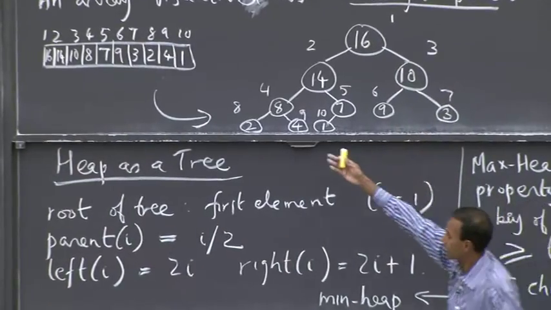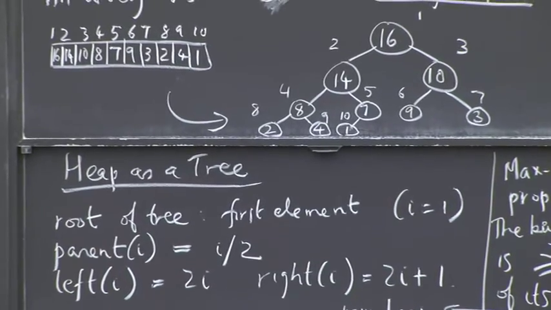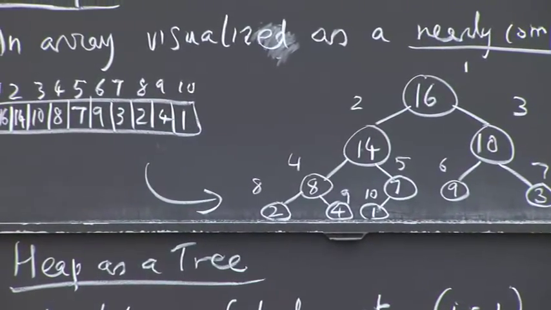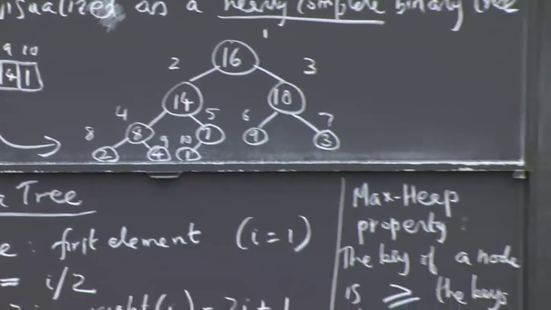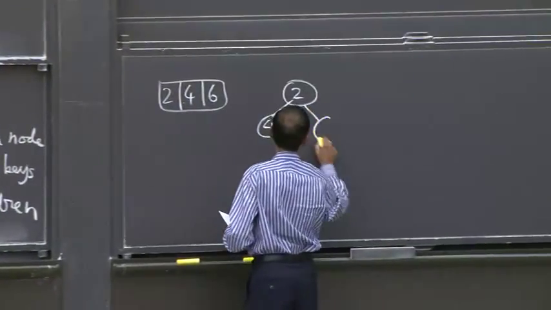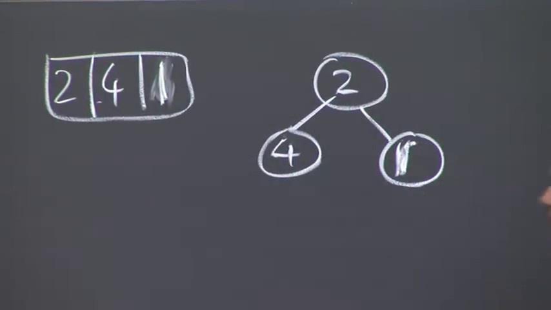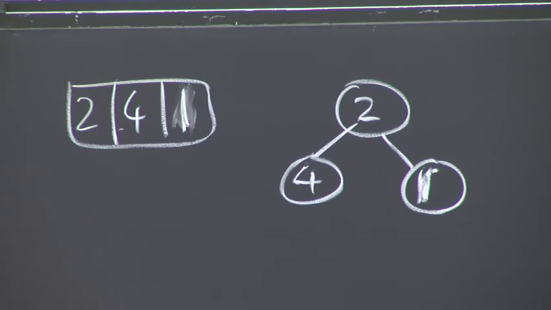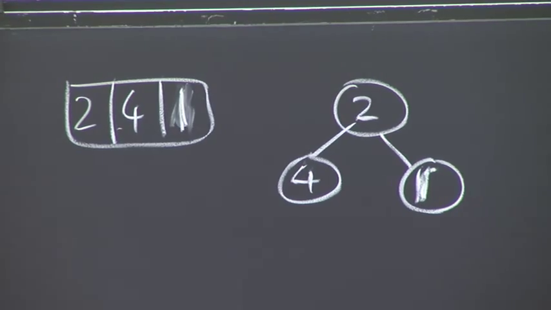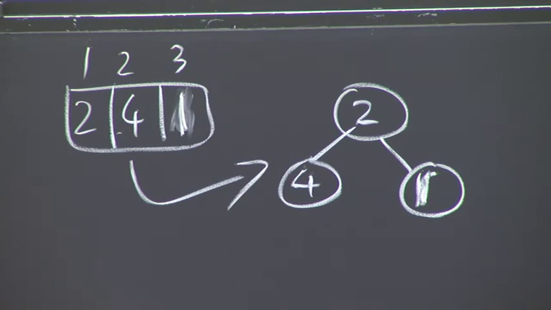there's this array that turns out it was a max heap, okay? But it's quite possible that I have a trivial example of an array, in fact, let me make this 1, that is not a max heap. It's not a max heap, it's not a min heap. It's neither, right? It's just a heap, okay? So if I just visualize this array as a heap, I don't have a max heap, I don't have a min heap.